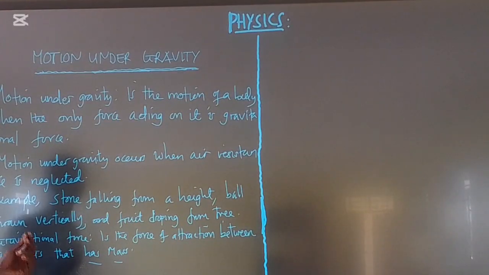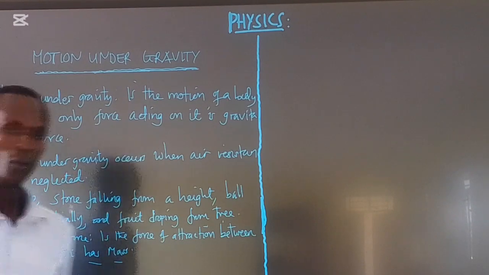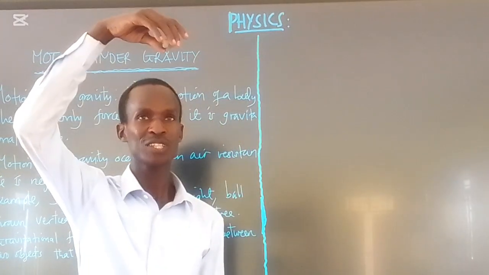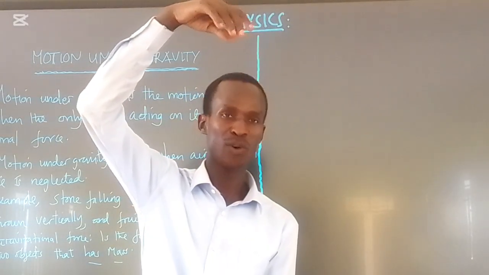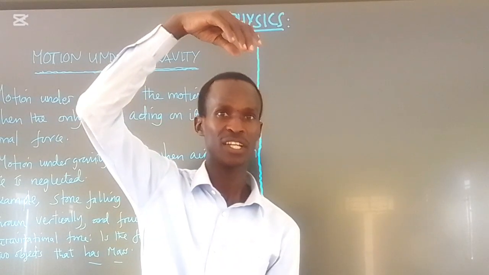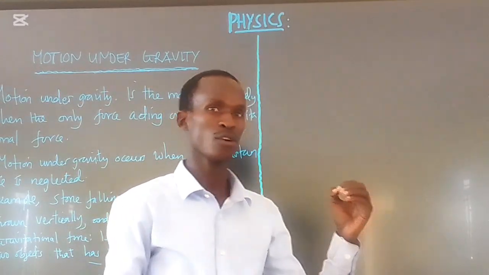An example of motion under gravity is when we drop a stone from a great height, it tends to fall downward to the surface. This is due to the influence of the gravitational force of the earth.